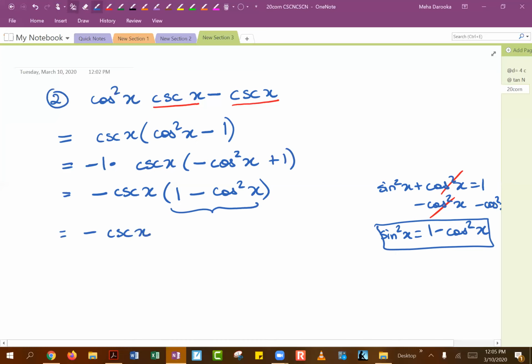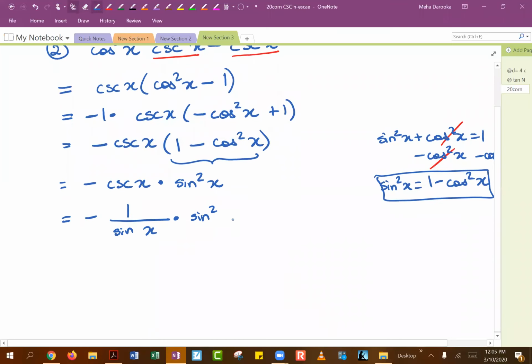That negative cosecant of x will stay the same on the outside. And then 1 minus cosine square has now become sine squared of x. Now, what do we know about the cosecant function? It's the reciprocal of the sine function. So I'm going to bring that idea in also and write it as 1 over sine of x multiplied by that sine square.